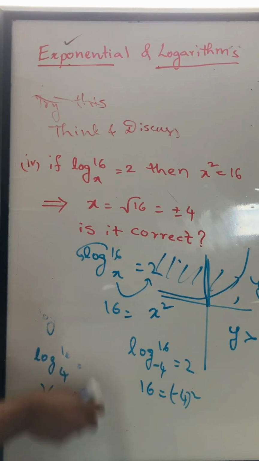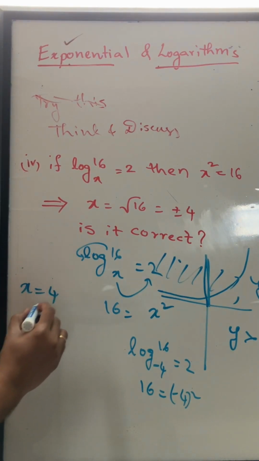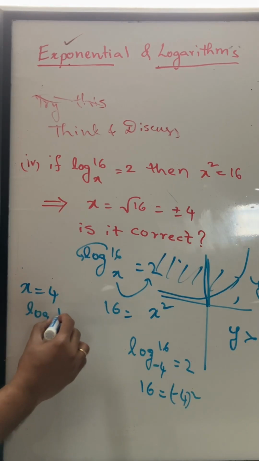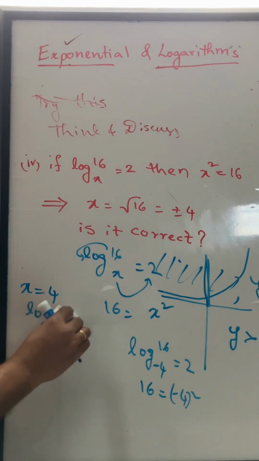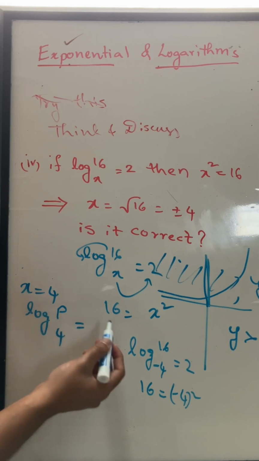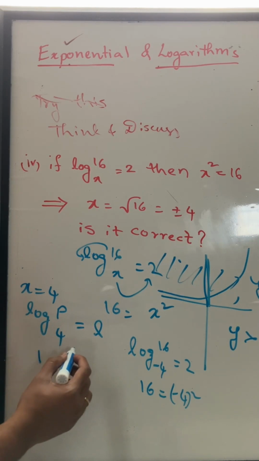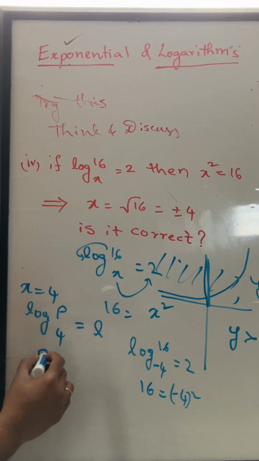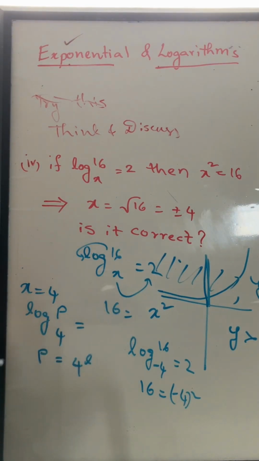So let me erase. This is the x equal to 4 position. So we are thinking of log 16 base 4. Let's remove this 16 and put a p and think this value is some L. So p equal to 4 to the power of L, or take a negative value, minus 3 for example.